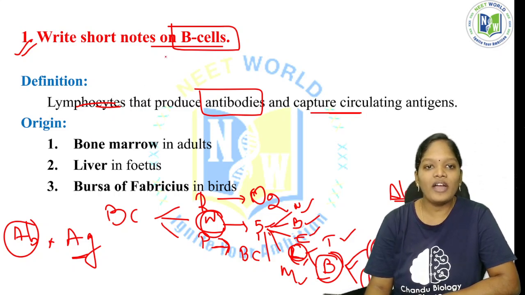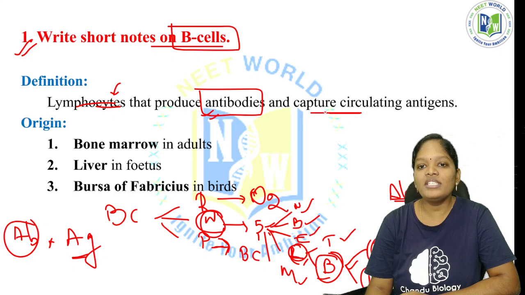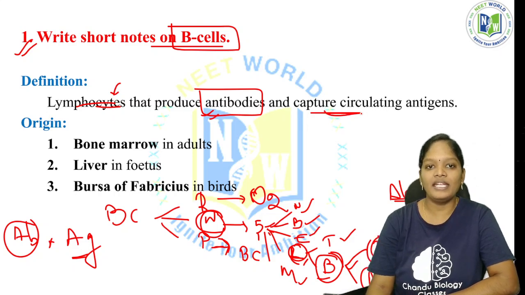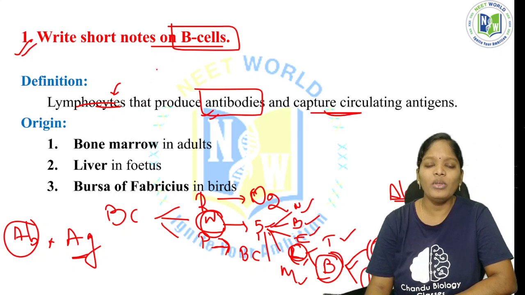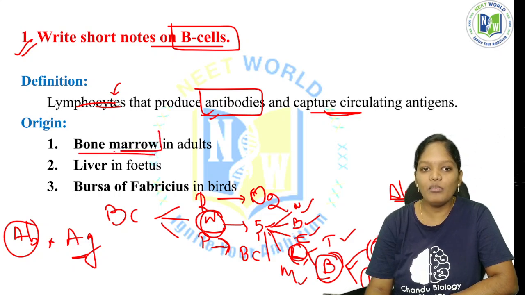Now you have to know the types of lymphocytes, the ones producing the antibodies that capture the circulating antigens. This B cell originates in the bone marrow in adults.